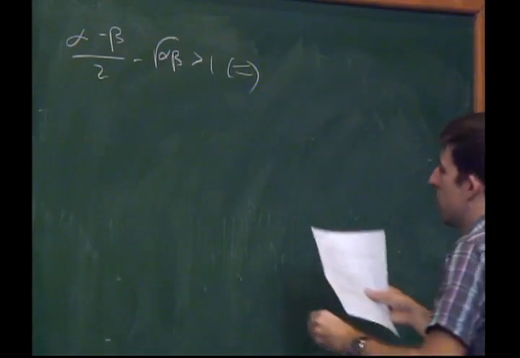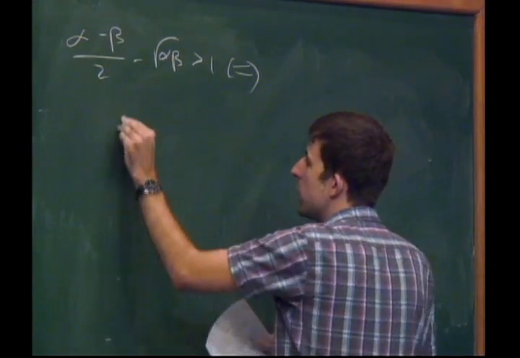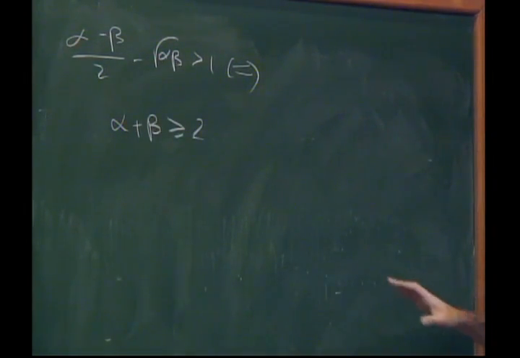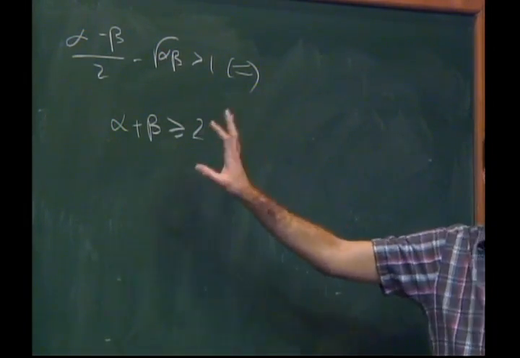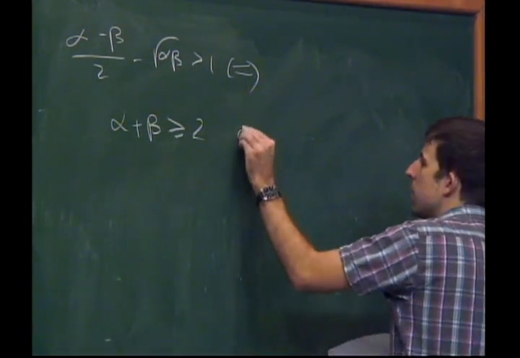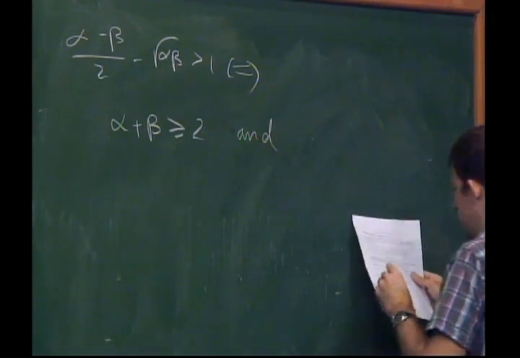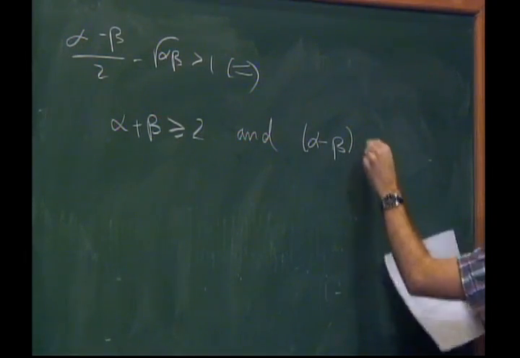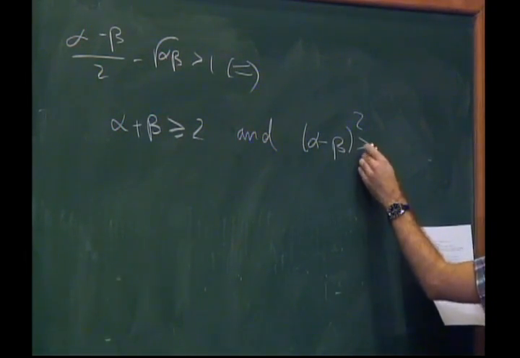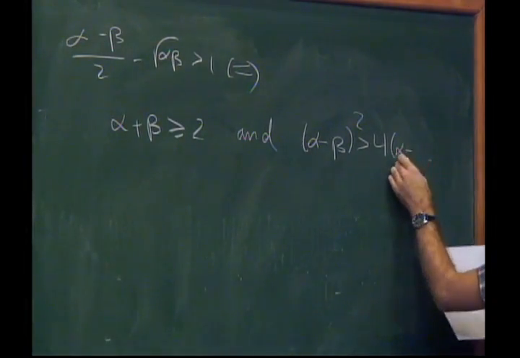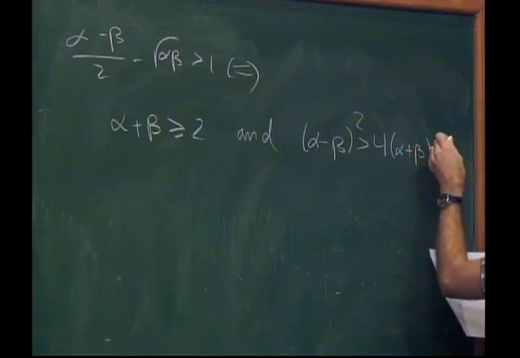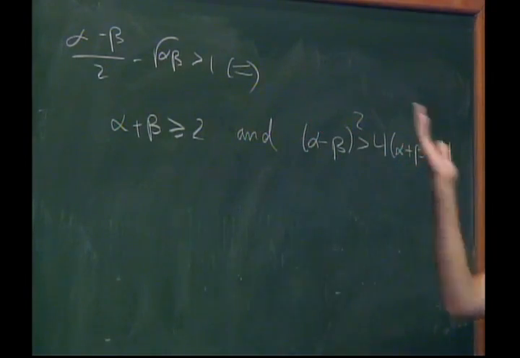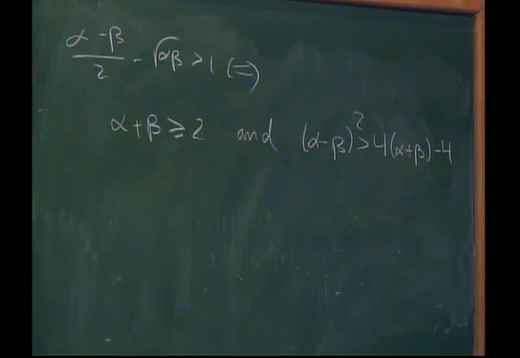So this is equivalent to, first, you need alpha plus beta bigger than 2. If this is not true, then the graph is not connected, so you would always need this. You basically take squares and collect squares and things of this type.